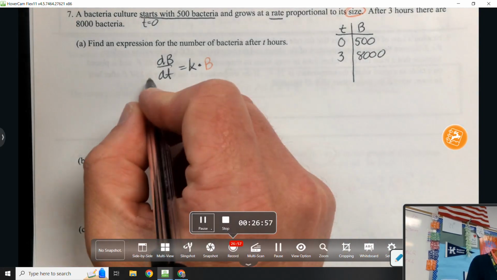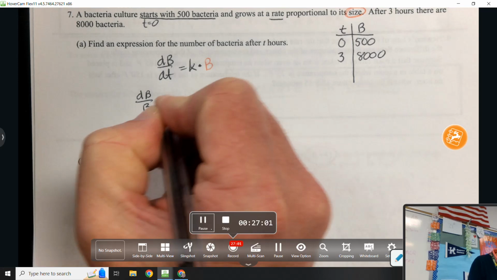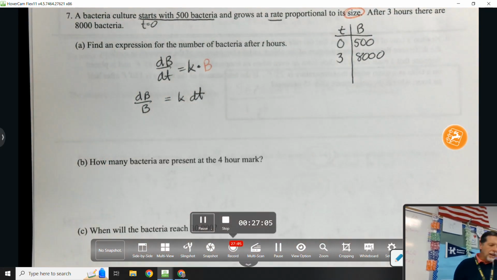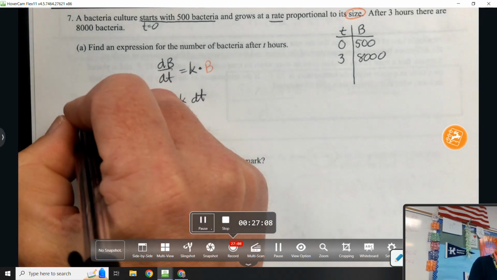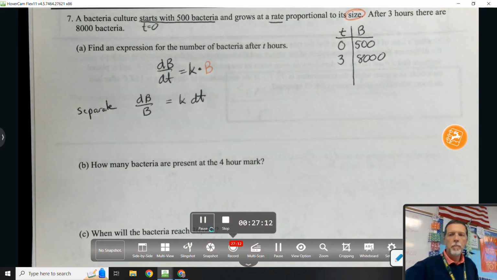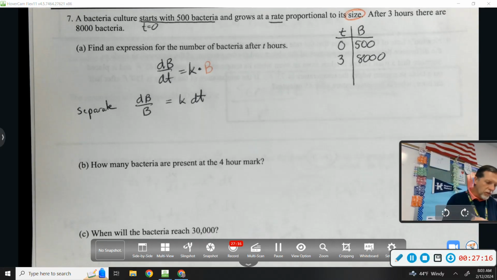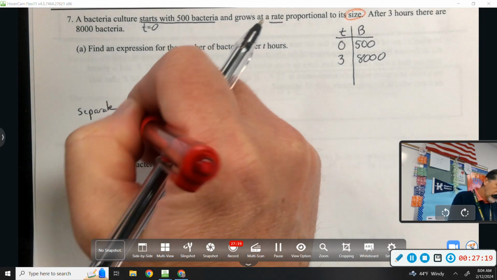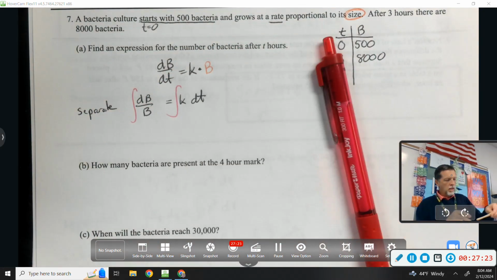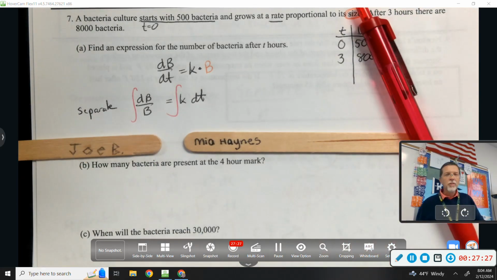So we need to separate and integrate. So dB over B equals k dt. There's my separate. Next I need to integrate. I can have some helpers on my integration side of things.